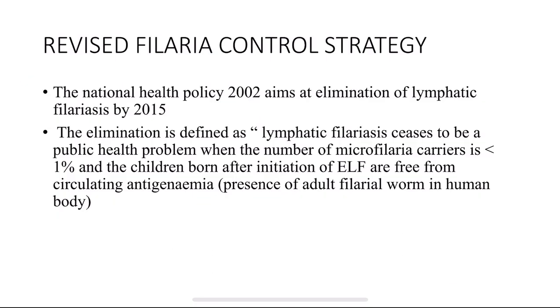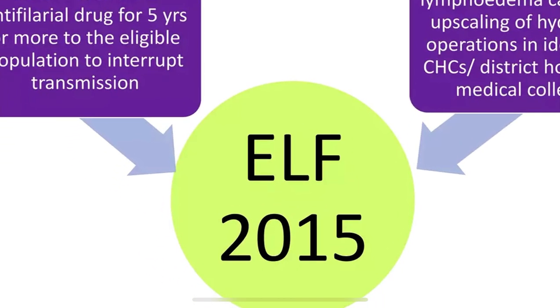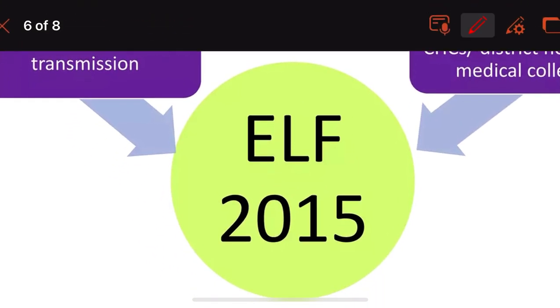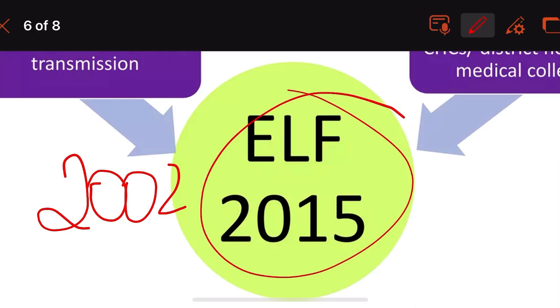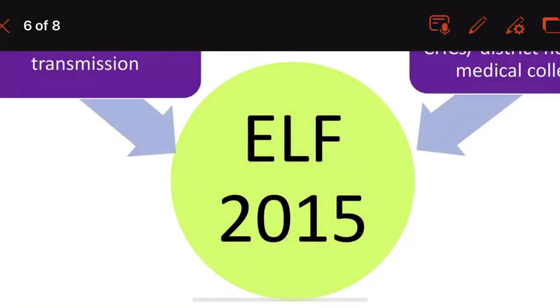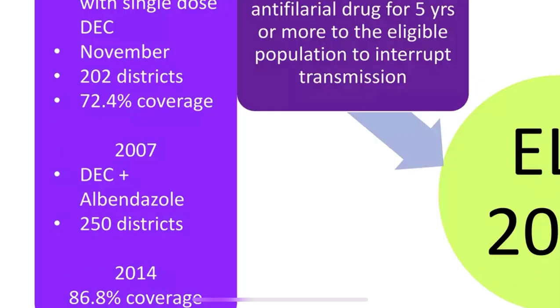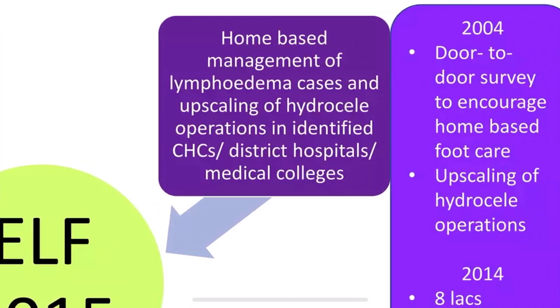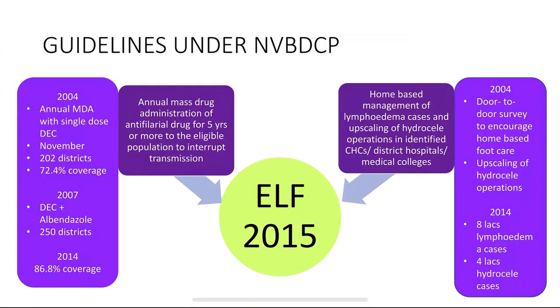And then if they ask about the strategies and guidelines, you can say the elimination of lymphatic filariasis began in the year 2002. They aimed that by the end of 2015 they would eliminate lymphatic filariasis in the country. So the first strategy was the mass drug administration, and the second was home based management of the cases. And now in the year 2004, what happened?